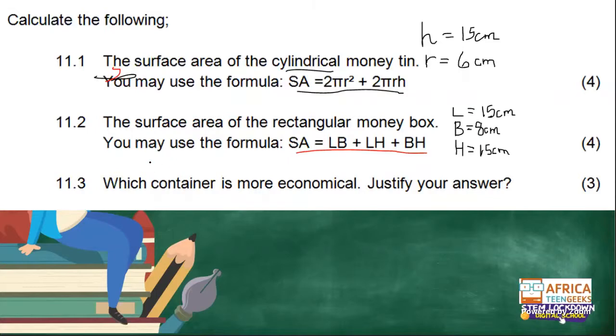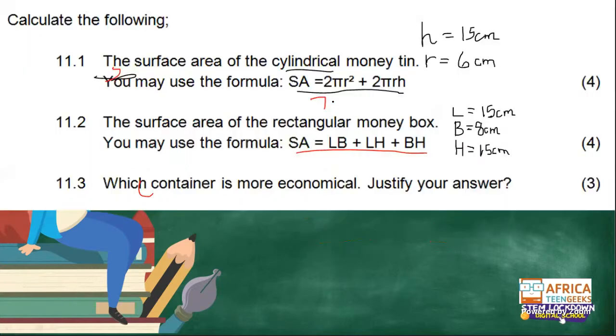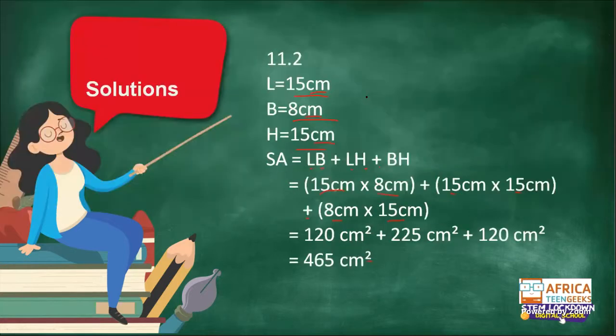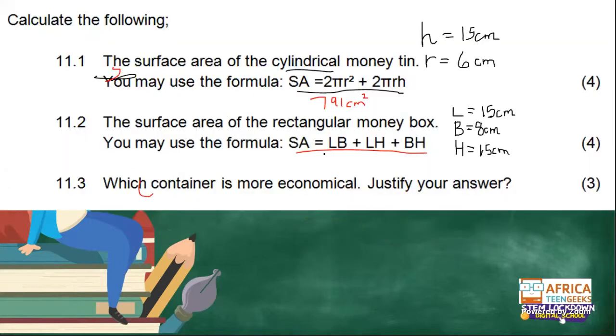Remember, the cylinder had 791 square centimeters, and then your rectangular box had about 465 of material.